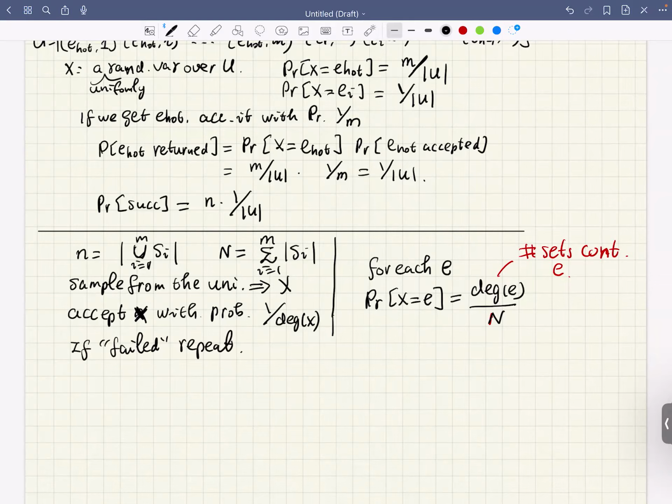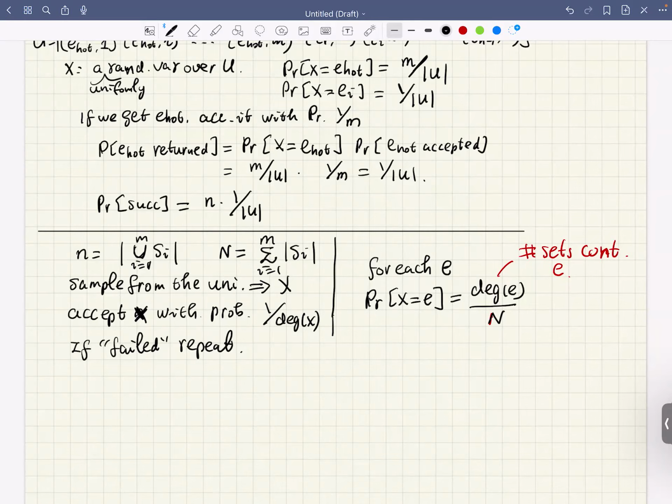First of all, we have to prove why this is correct, right? If we succeed here, how do we prove that we are returning a uniform element? I will skip this step because I think it should have been pretty straightforward.